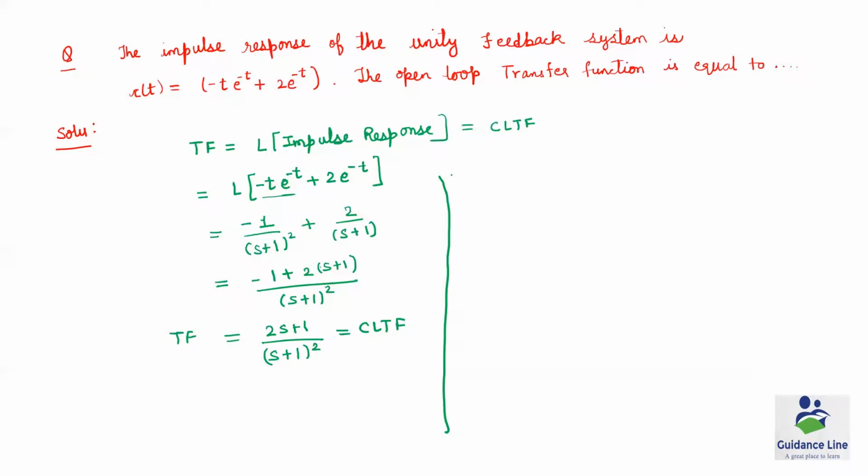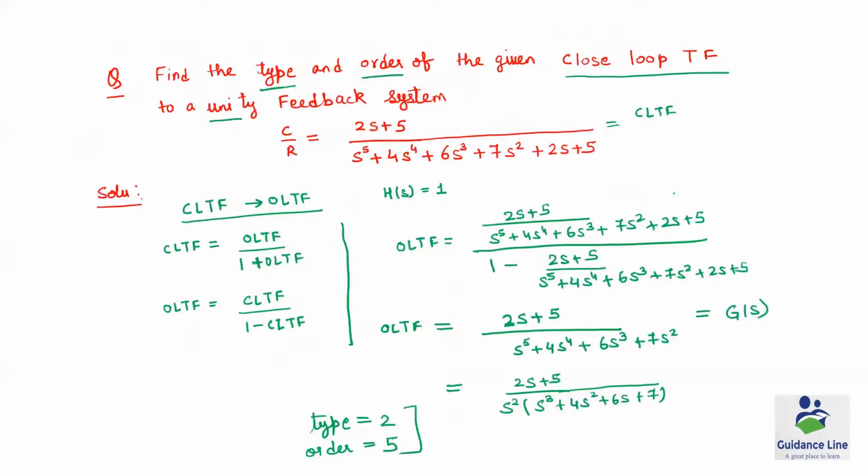And for calculation of the open loop transfer function, we are again using the same expression: OLTF is equal to CLTF divided by 1 minus CLTF, which we previously used.